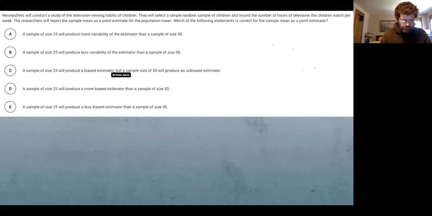And that actually shouldn't be the case. When you get the entire sampling distribution, they should both be unbiased. But the variability, the bigger the sample size, of course, the smaller the variability. So 25 is going to have more variability than 50.